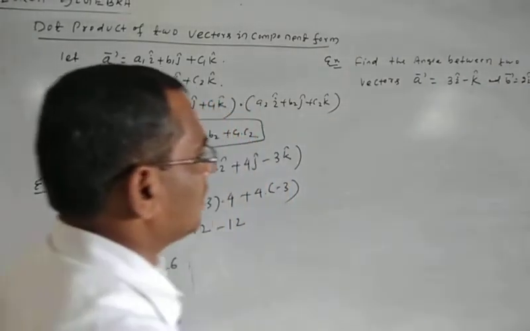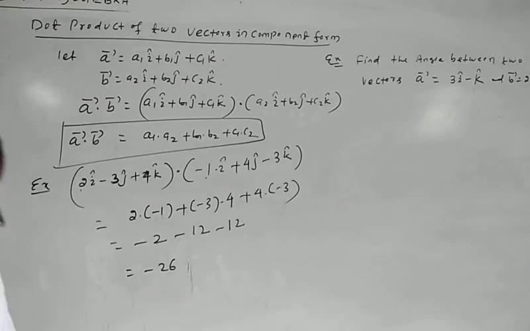So what is the angle between two vectors? You know, cos theta is equal to a vector dot b vector by a vector magnitude into b vector magnitude.